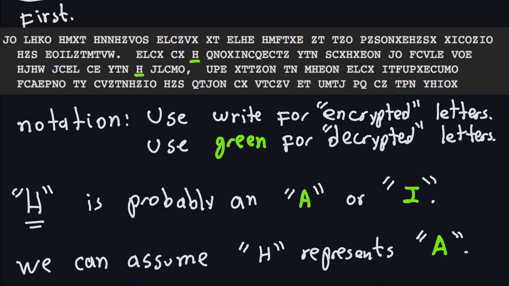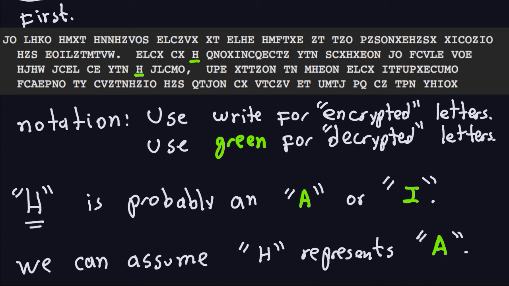Once you make that assumption, saying that H represents the letter A, everywhere you see an H in this ciphertext, you're going to replace it with A, because we're assuming that this letter corresponds to the letter A. That's why I'm going to use green to distinguish between the ciphertext and my plain text. It's just a visual distinction. Okay, all right.